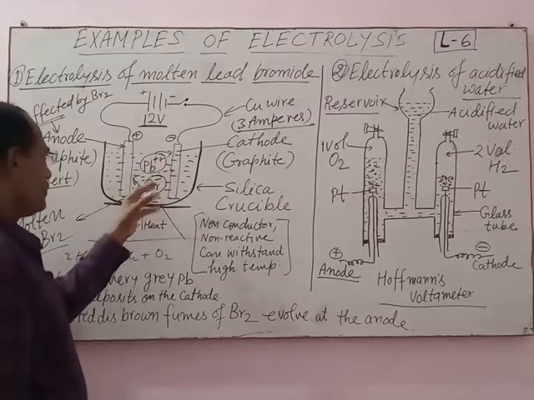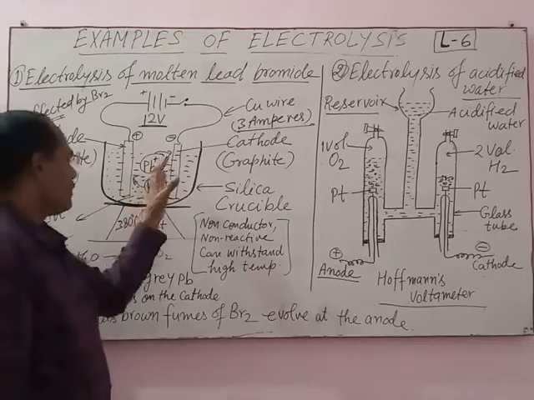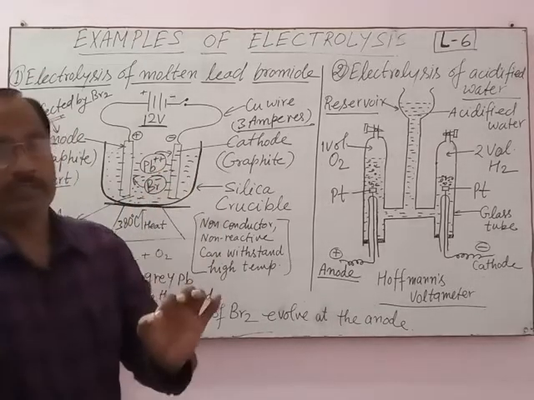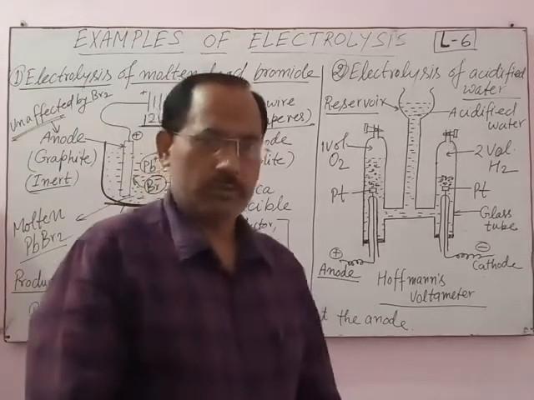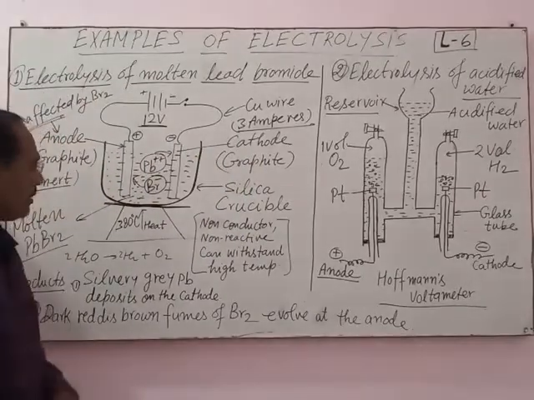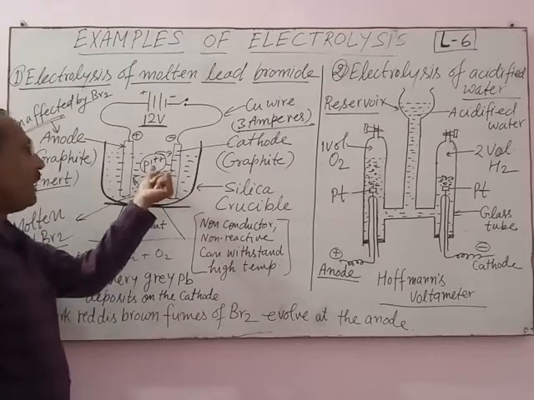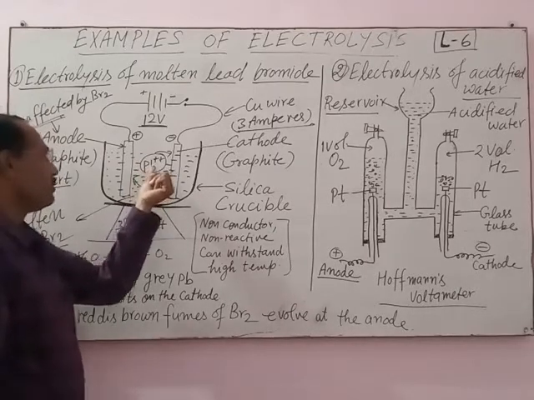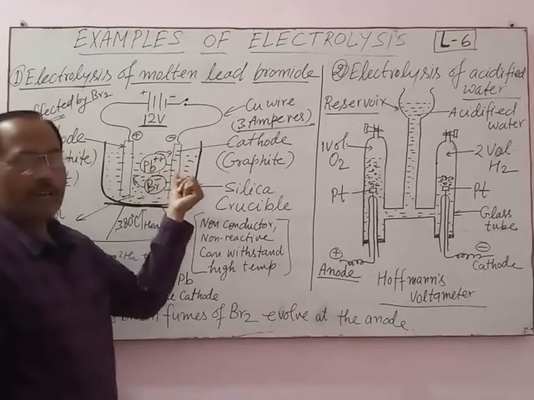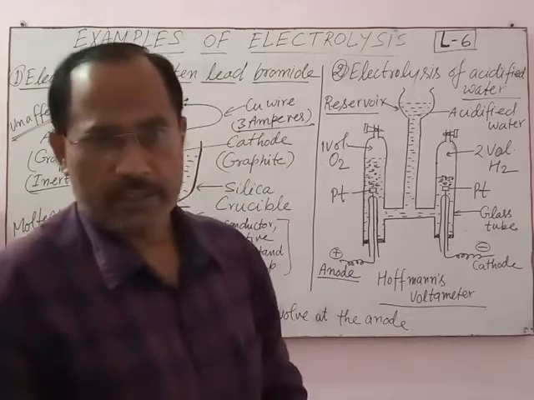These two ions, lead ion and bromide ion, get discharged at their respective electrodes. The discharge of lead ion, Pb2+ ion, at cathode is known as reduction.